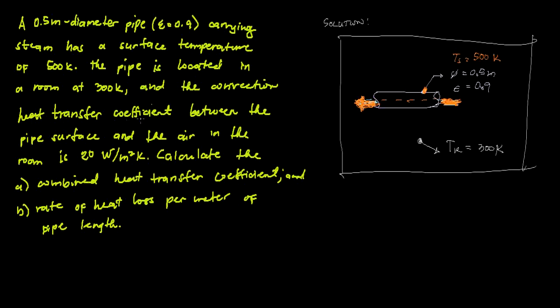And there is a convection heat transfer between this surface and the room, with a heat transfer coefficient of 20 watts per square meter K. So let's draw the heat transfer.